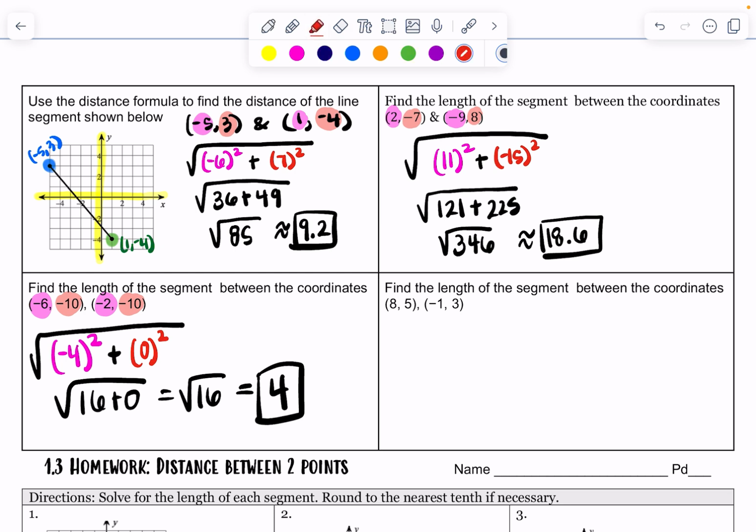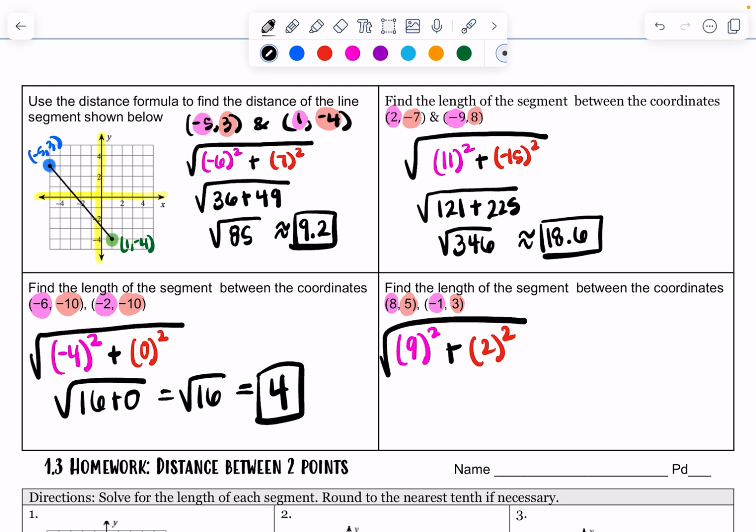And then for our last one, again, difference of our x's. Difference means subtraction. 8 minus -1 gives us 9. Squared plus the difference of our y's. Difference again, subtraction. 5 minus 3 is 2. And once we add those together, we'll take the square root.